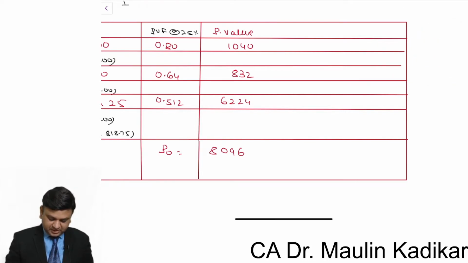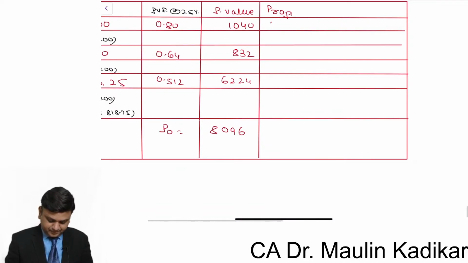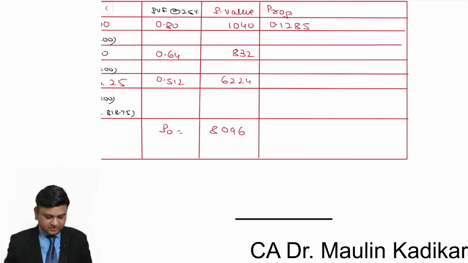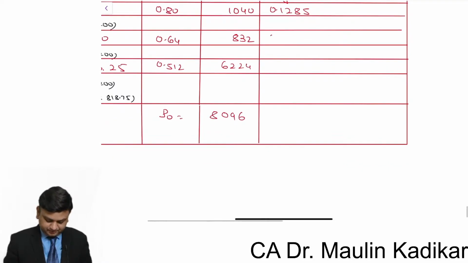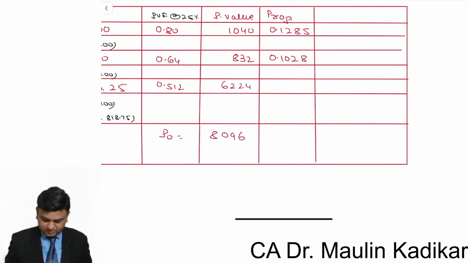Then we are required to make the computation of the proportion. The proportion will be multiplied with the time period. Proportion will be 1040 divided by 8096, so 0.1285. 832 divided by 8096, that is 0.1028. Then the last year proportion will be found as a balancing figure and we will not compute it.